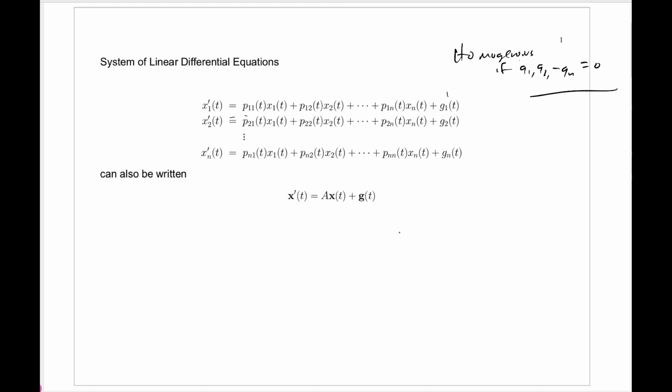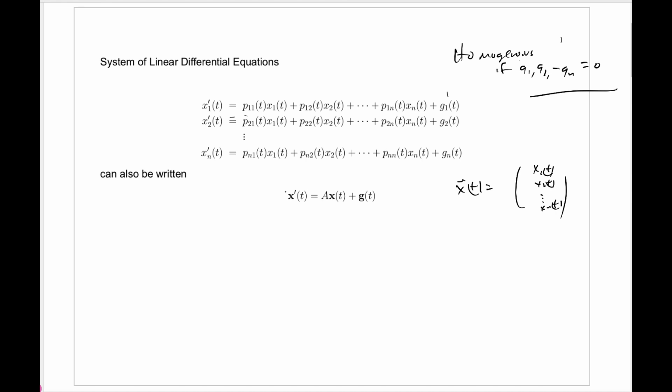We're going to write such a system as a nice vector system using the coefficient matrix A, where we'll write the vector x prime of t. Here x of t is just the vector function x1 of t, x2 of t, all the way through xn of t.